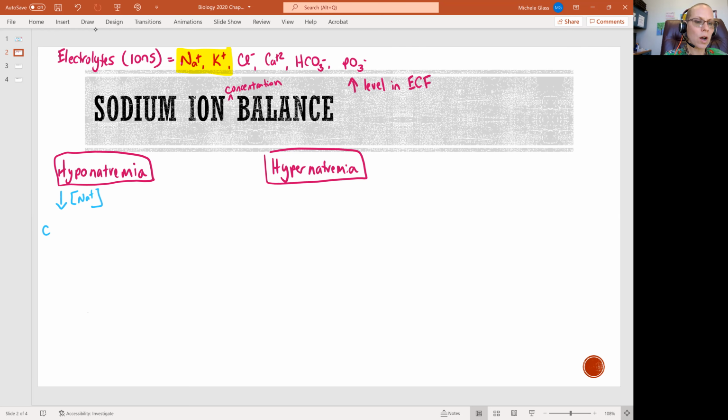And this can be caused by excessive water intake. So folks who are drinking a gallon jug of water in a short period of time are hurting their bodies. And realistically, we probably don't need to carry a gallon jug of water around to drink.